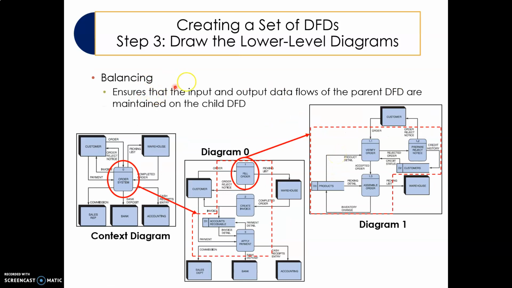Balancing ensures that the input and output data flows of the parent DFD are maintained on the child DFD. So this example shows the context diagram, to diagram 0, and then to diagram 1.